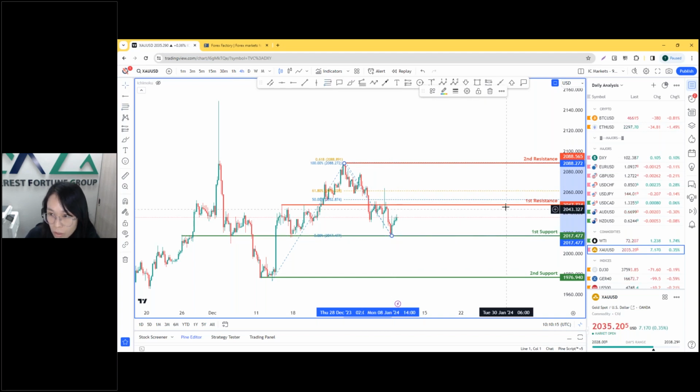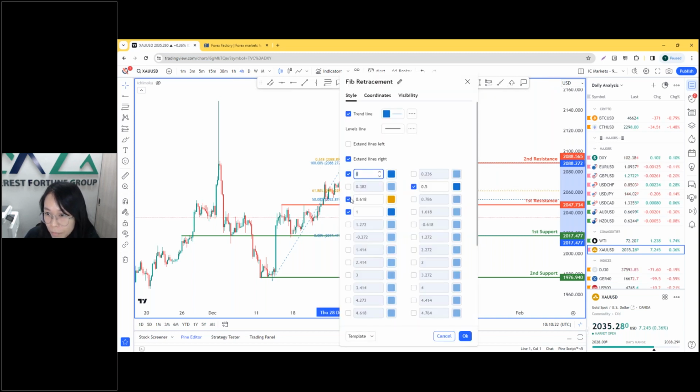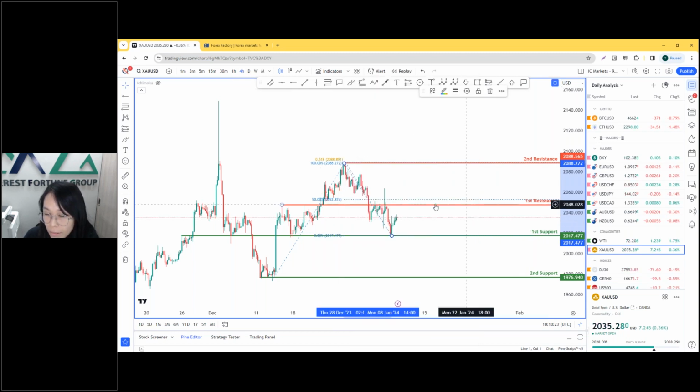Okay, so it is close to the 50% Fibonacci retracement area, so this could be quite a strong resistance for gold. So they do have a strong support and strong resistance, so price could fluctuate in between the first support and first resistance for a while.